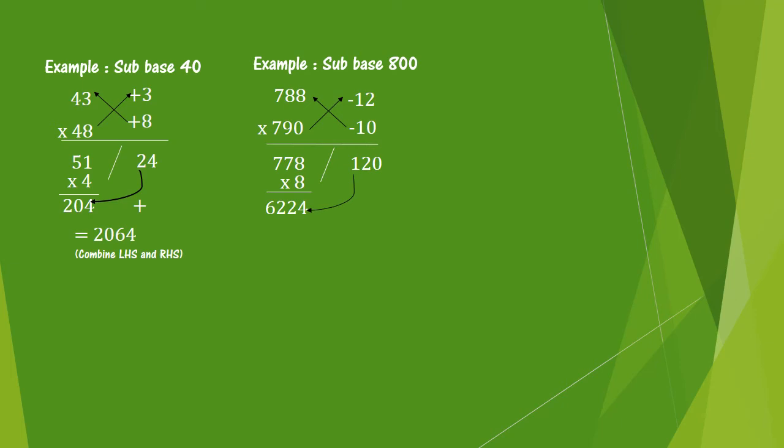So we will take this 1 and add it to the left hand side. So our answer would be 6225 after adding this 1 to 6224. So now our final answer is 622520.